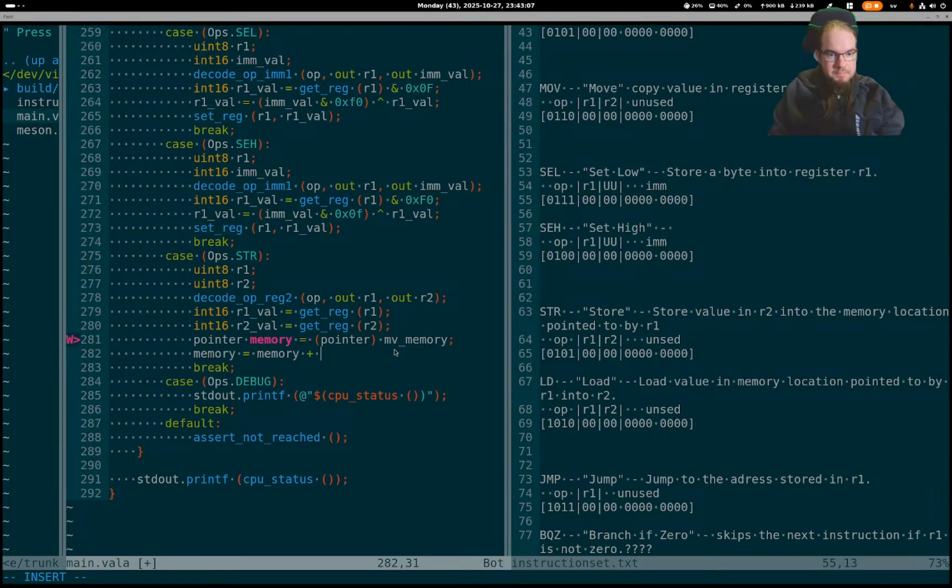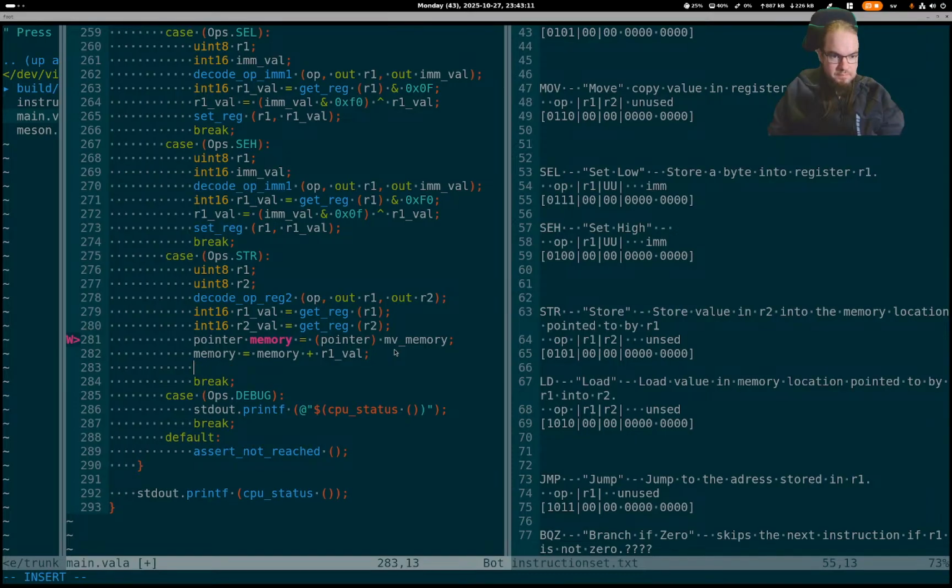And then we need to set... no, we don't need to do that because it's an array.